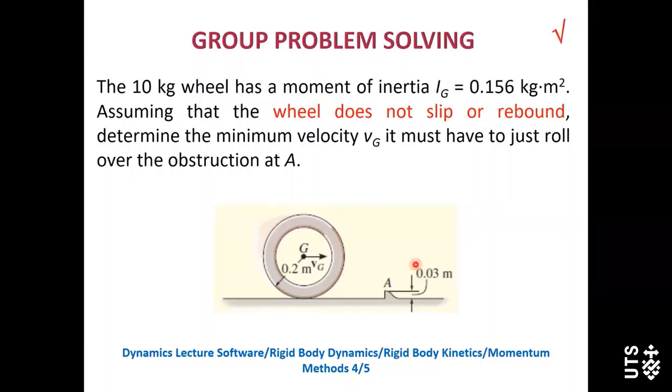This problem asks us to determine the minimum initial velocity the wheel must have to just roll over the obstruction. This means when the wheel is at its highest position, its velocity should be 0. Now, the instant when the wheel is at its highest position will be the final state, state 3, when solving this problem.